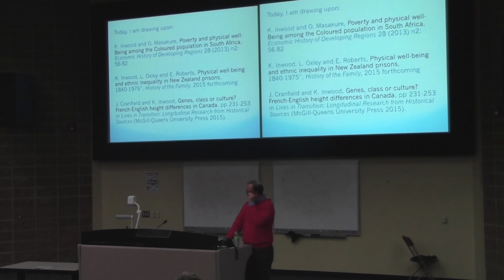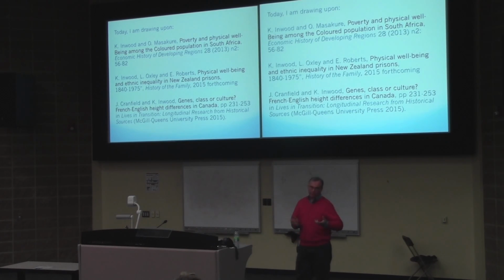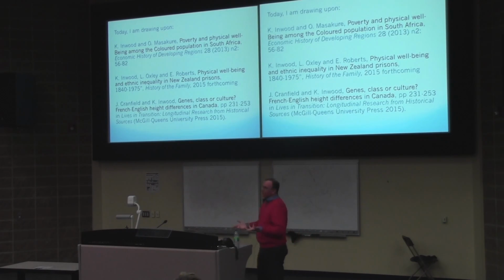So today, this is drawing upon 3 papers. Research is going on in all of them. South African research, this is substantially about the colored population, and I'm just now getting data for the African population, blacks in South Africa.